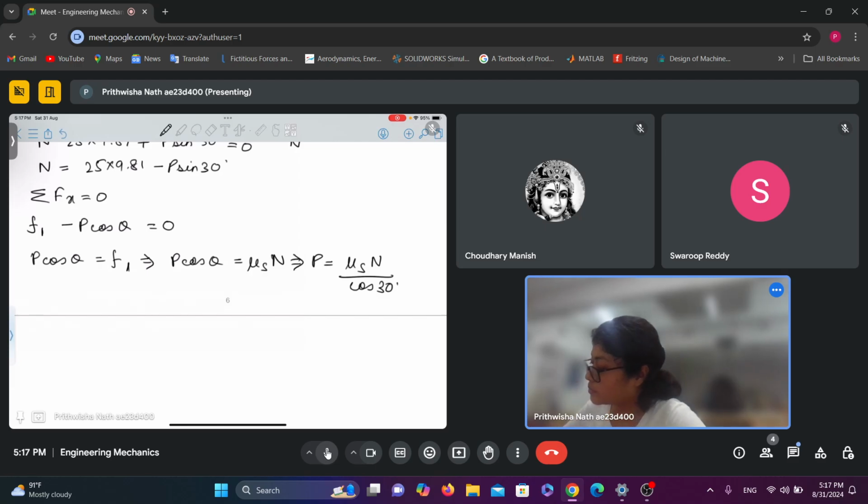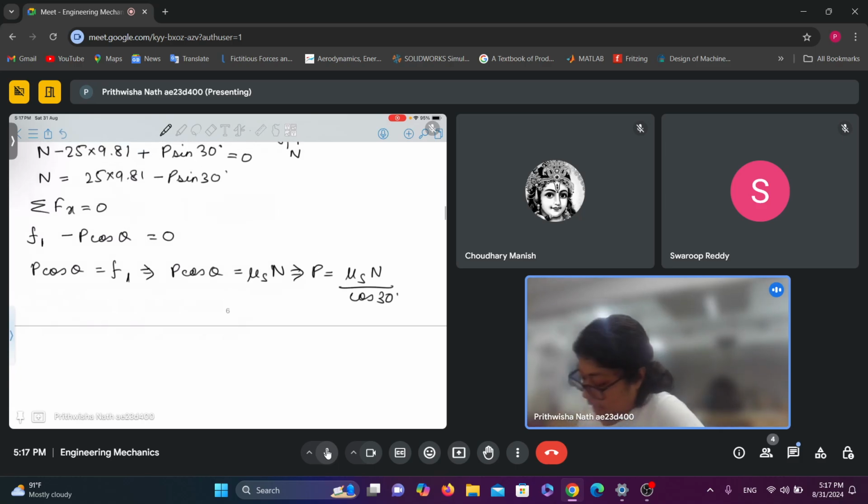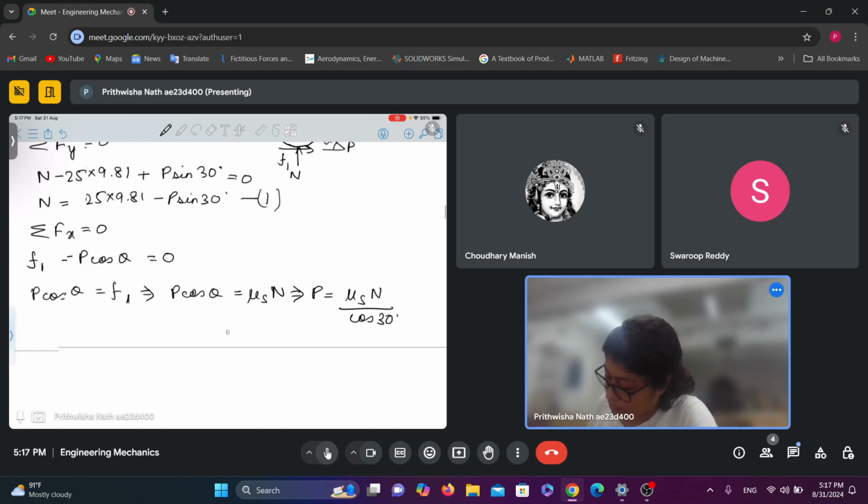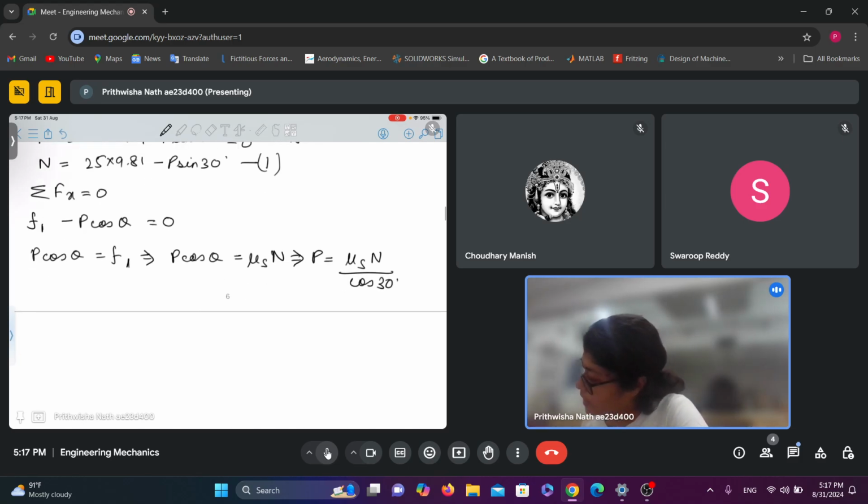Now I can find the normal force by substituting the value for P in this equation. Suppose this is 1. Now I'll just substitute: N equals 25 into 9.81 minus mu s into N by cos 30 into sin 30.